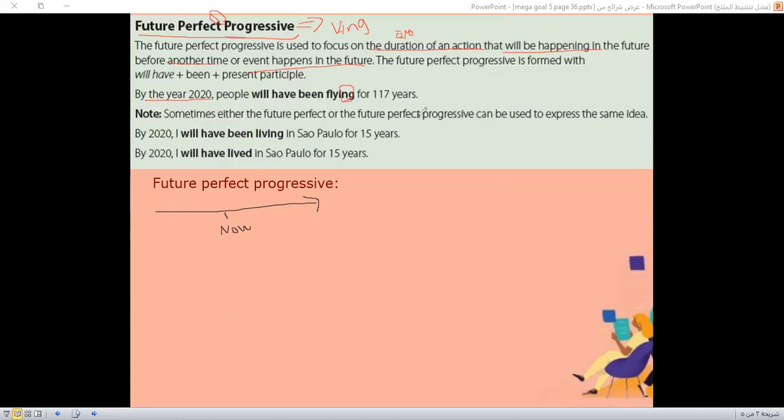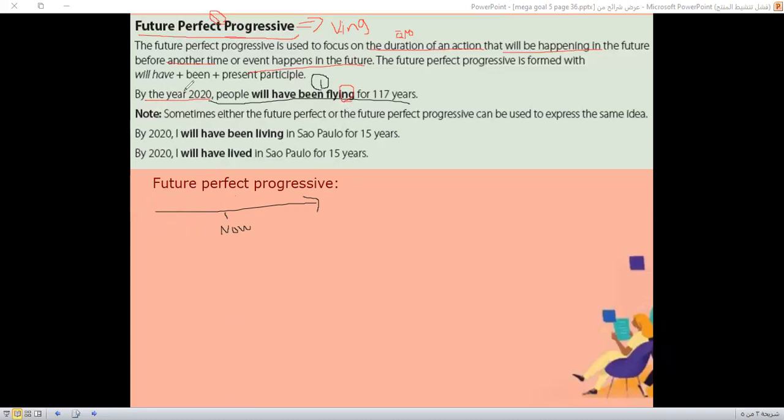Let's take this example: by the year 2020, people will have been flying for 117 years. Let's say that the year 2020 did not happen yet. Let's imagine that, okay? Now, people will have been flying. We already know that the future perfect progressive is the first action. But the thing about the future perfect progressive is that it started in the past.